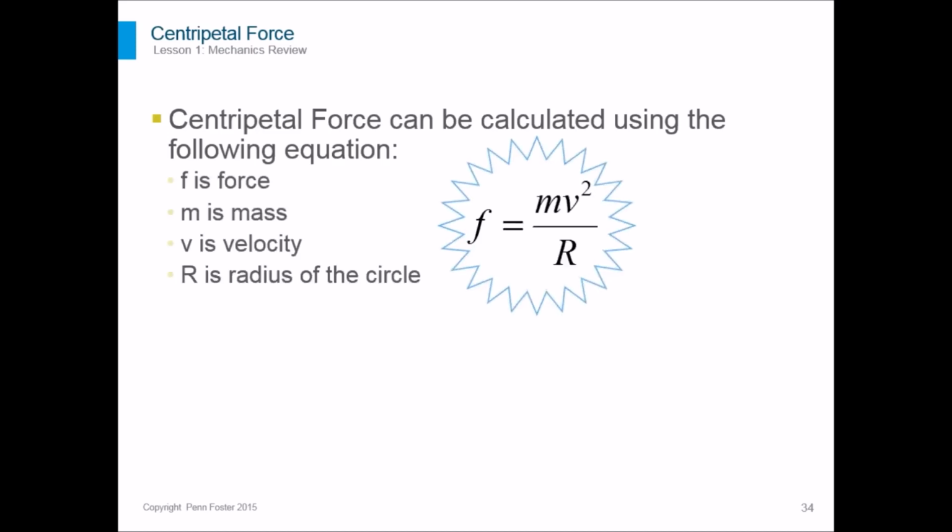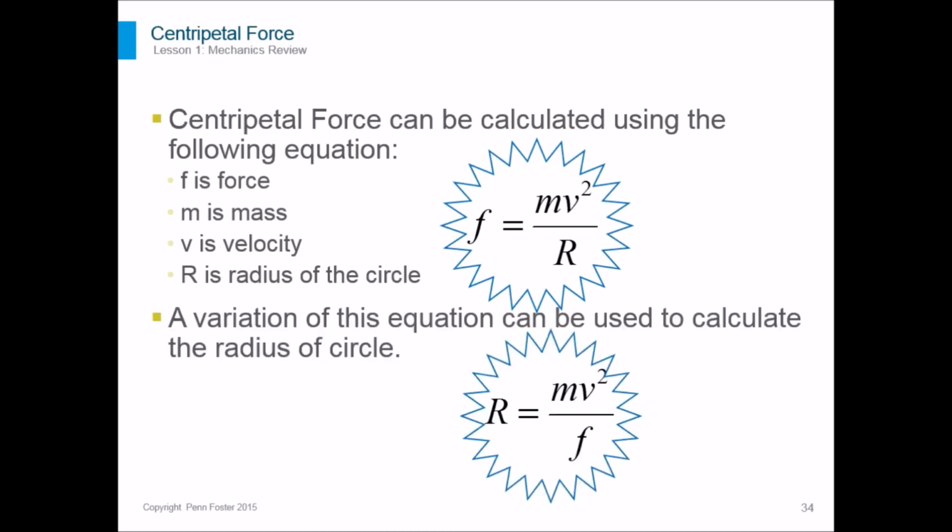And we can actually calculate how much centripetal force we need for specific circles. So if we have an object with a certain mass moving at a certain speed and our circle is a certain size, how much force is required to make that happen?